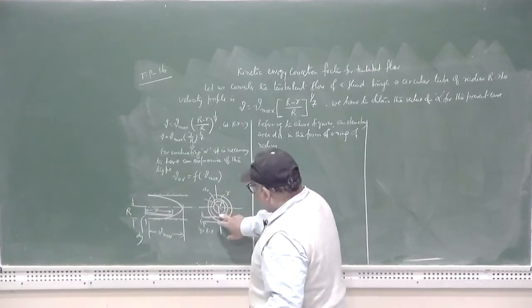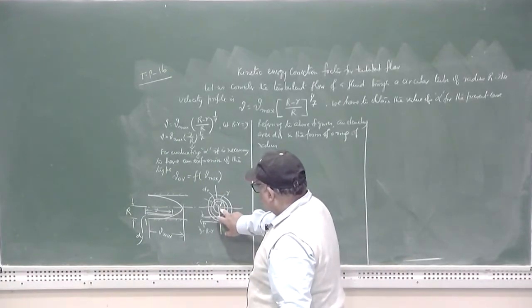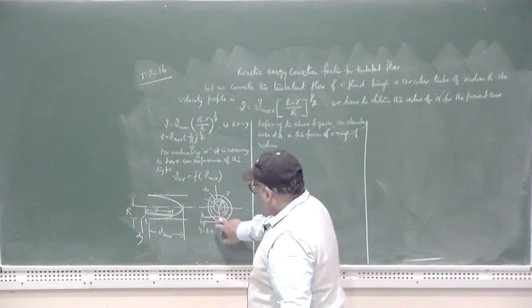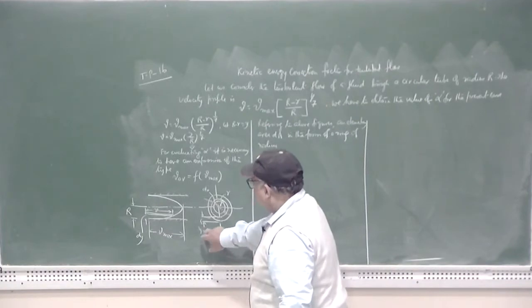What should be the radius of this ring? That is r, equal to R minus y.